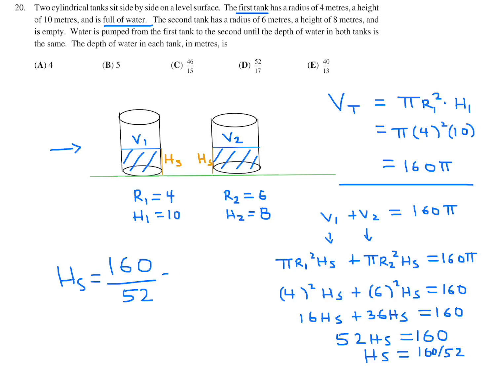All right, none of the answer choices match, so basically I've got to reduce this to lowest terms. So let's see, divide top and bottom by 4, so that would give me 40 and 13, and that would mean E. There you go. So the depth of the water in each tank in meters is 40 over 13.